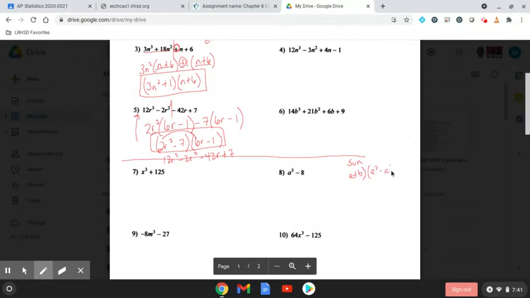For lack of a better word, these are formulas. These are how you factor the sum and the difference of cubes. There's a pattern to these, and you'll notice it's very much the same thing, except for a difference in signs.